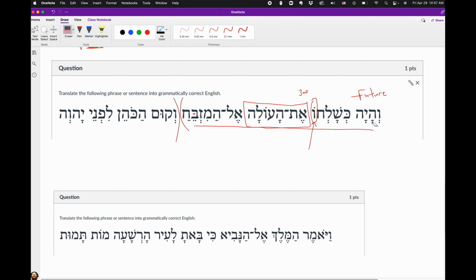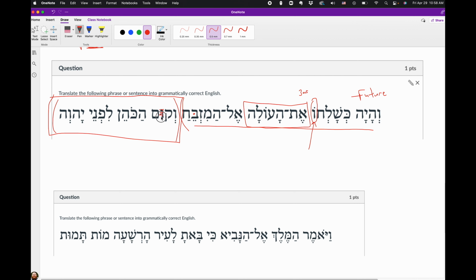It shall happen that when he sends the burnt offering to the altar, he will arise, the priest will arise, the priest. Yeah, I think in Hebrew this has to be an independent clause. And if this is an infinitive, it's not an independent clause, which would be my argument for why this can't be an infinitive.